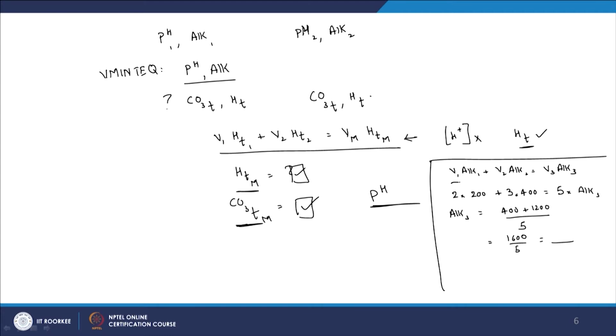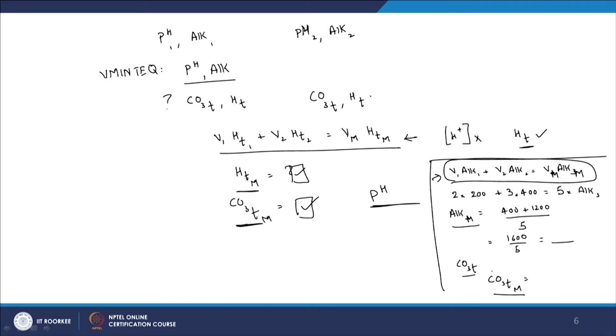And similarly, applying the same balance on CO3 total, I will end up calculating the CO3 total of the mixture. Let me write it down as mixture. Applying a similar equation, I have the alkalinity of the mixture and the CO3 total of the mixture now.